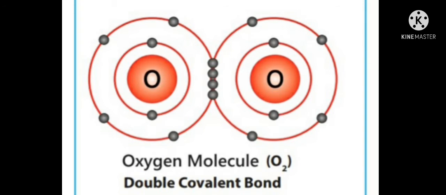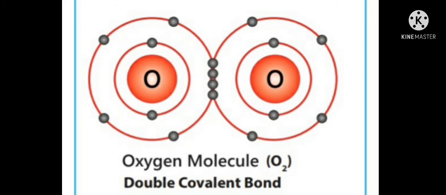Consider oxygen molecule. Whenever two oxygen atoms combine together, it forms an oxygen molecule. Here oxygen has atomic number 8. The electronic configuration is 2, 6. Each oxygen atom contains 6 electrons in its valence shell.